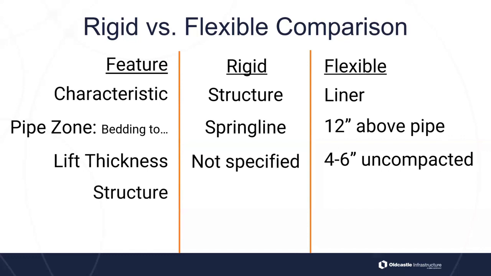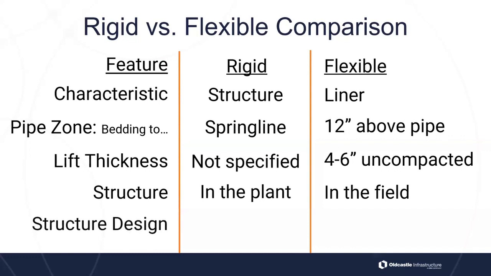All right, the structure itself in the rigid pipe is created in the plant. Right? We manufacture this pipe to be a structure. We take care of the structure in the plant and we deliver it to the site. With flexible pipe, the structure is created in the field, right? And it's imperative that it's designed correctly and installed correctly to ensure that that structure is being built in the field.